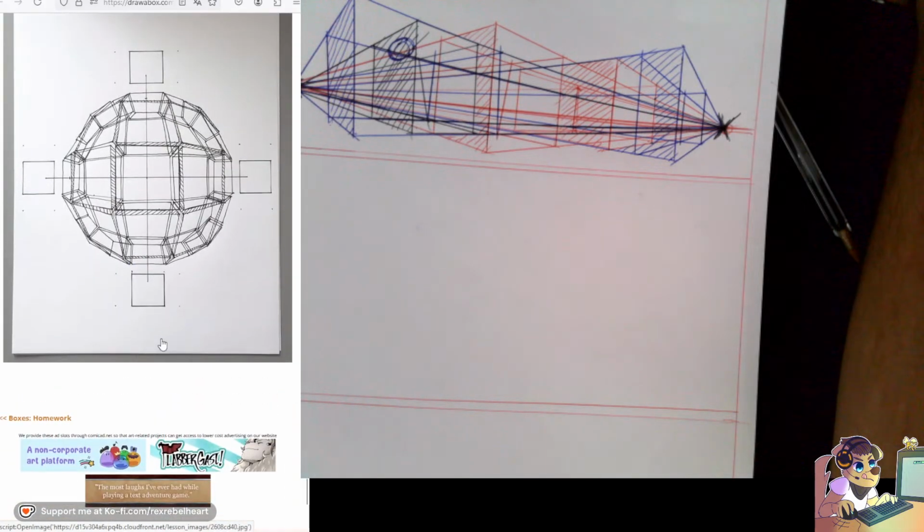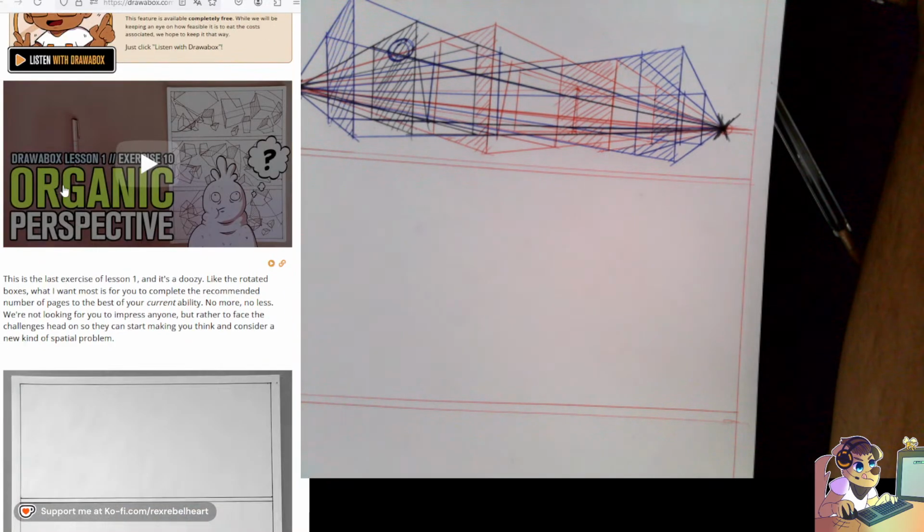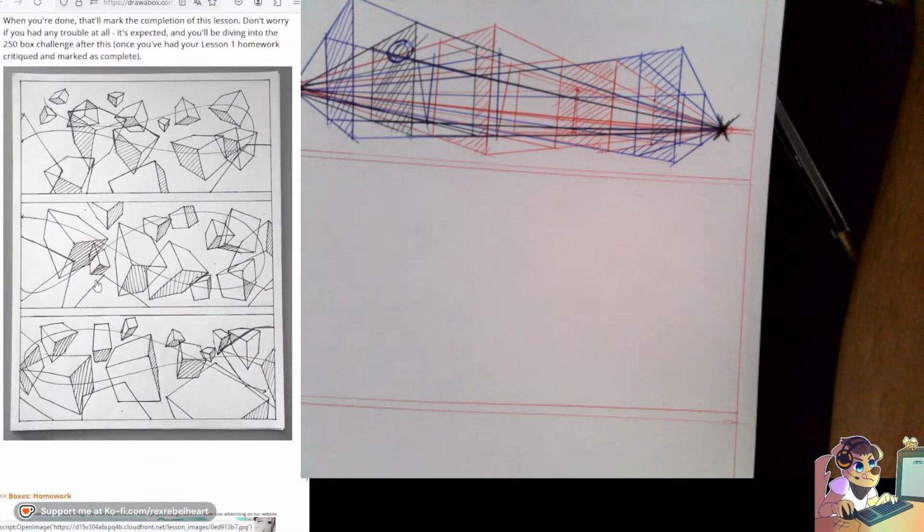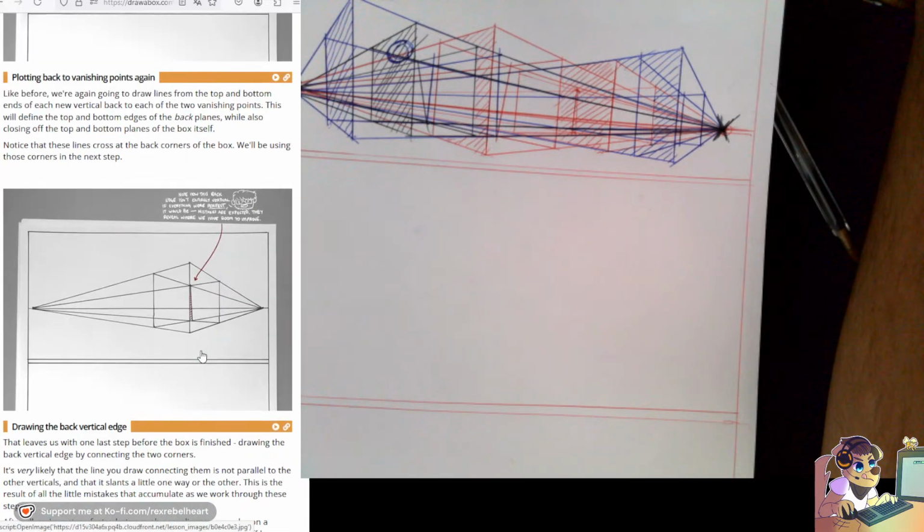That looks crazy. That's an upcoming homework. And then that looks freaking crazy. Oh my god, man. We really do have some crazy stuff coming up, don't we?